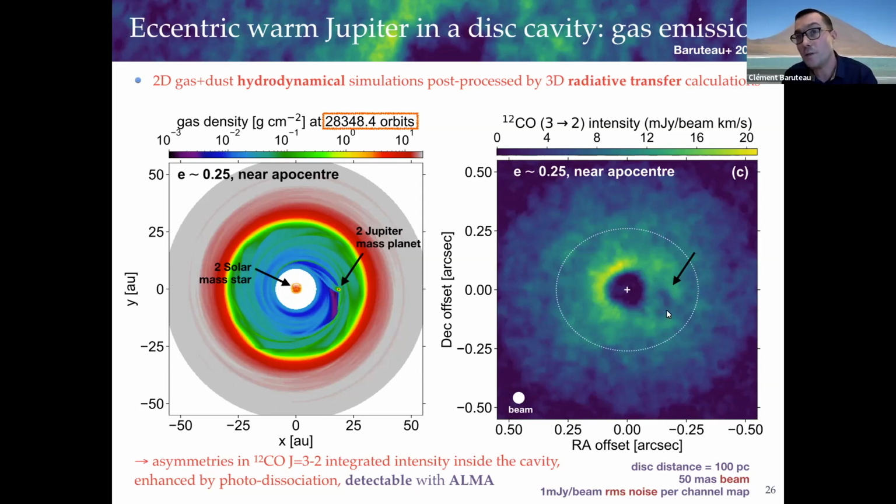We can recognize the low density part of the gas inside the cavity just behind the planet along the azimuthal direction, and a relatively more intense part on the other side of the disk. All in all, we think that this large-scale intensity contrast in 12CO 3-2 could indeed be detectable with ALMA.